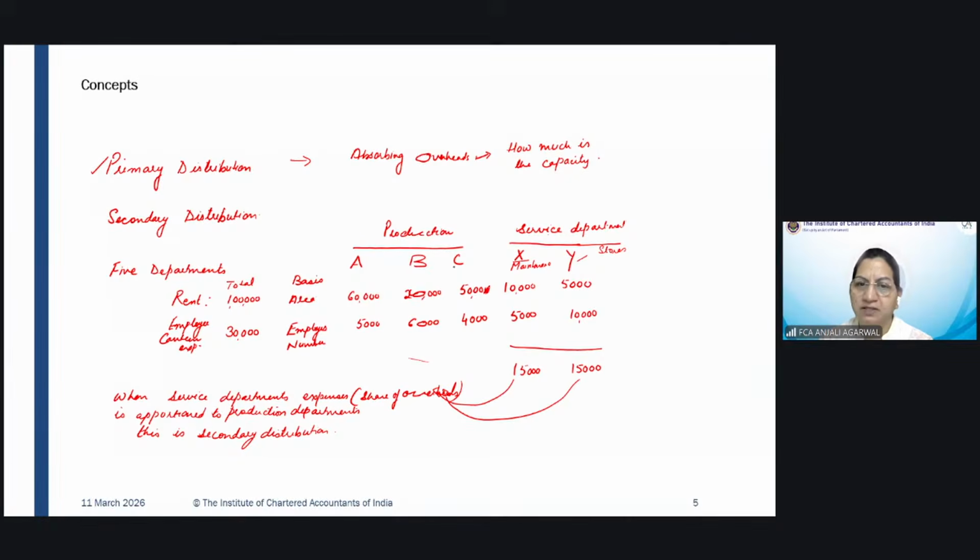That would become the best reasonable basis. So you have to see what the nature of the service department is, and on that basis, you decide what should be the basis of apportionment of the service department overheads, again back to the production departments.